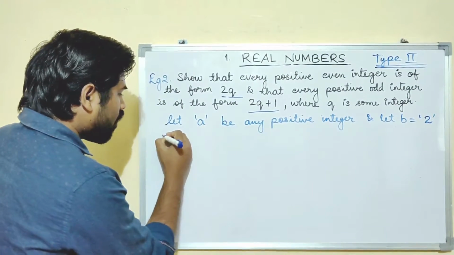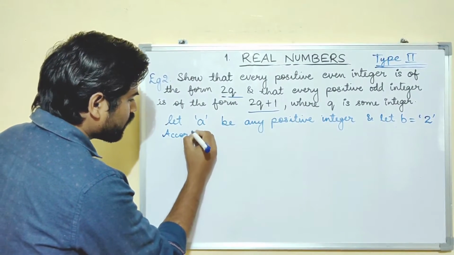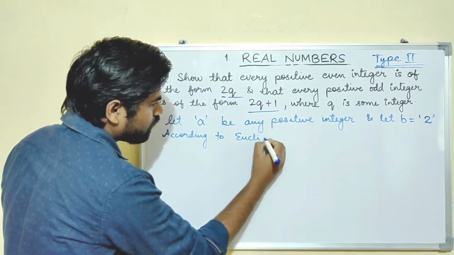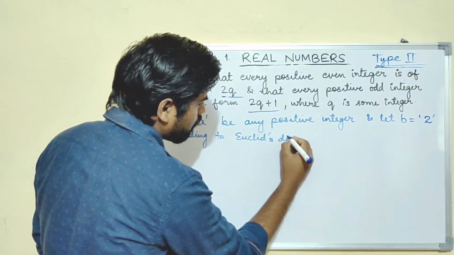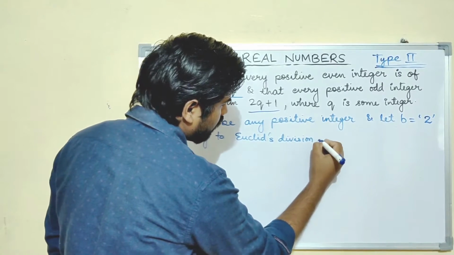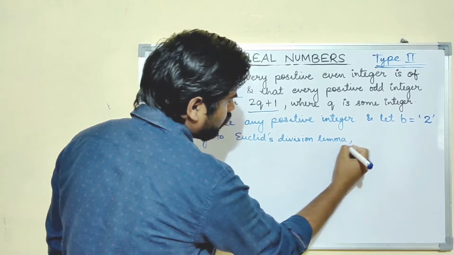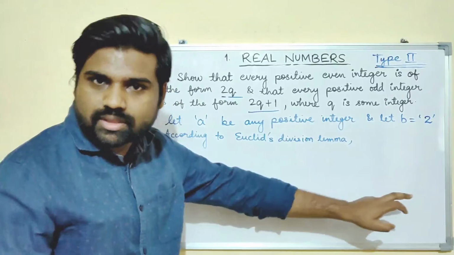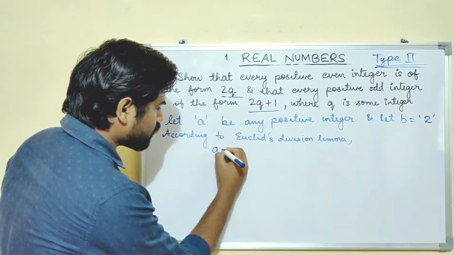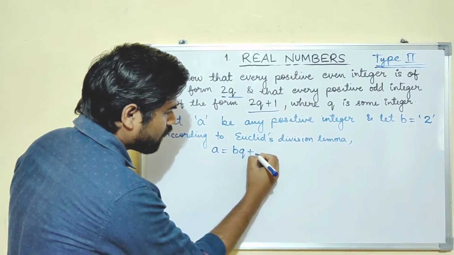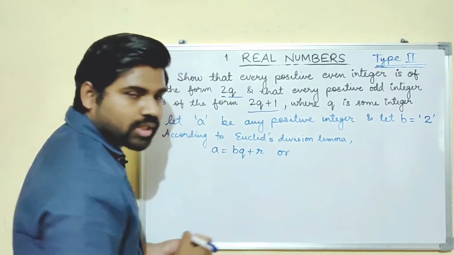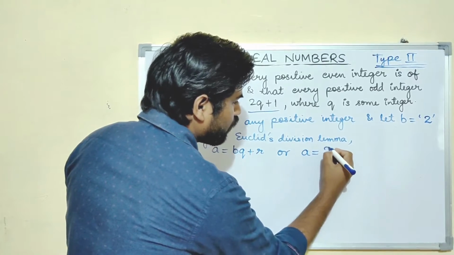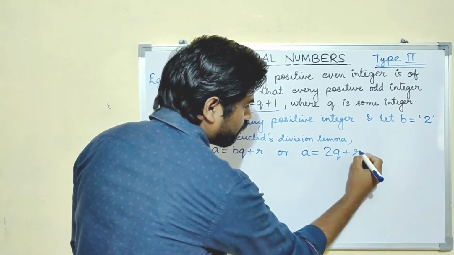Now according to Euclid's division lemma, how do you write that? a equals bq plus r, right? a equals bq plus r, or you can write, substituting the value of b here, a equals 2q plus r.